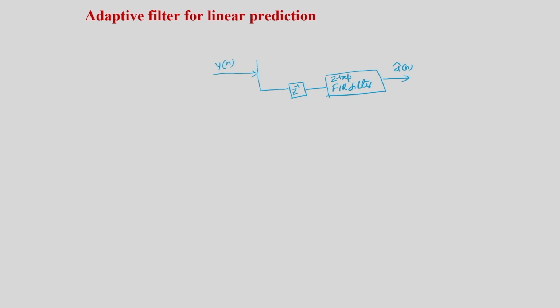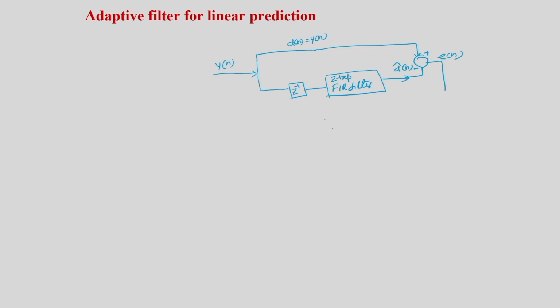Now y[n] is the desired signal here, d[n] = y[n], and this desired signal will be compared with d hat n, and the error e[n] will be computed.